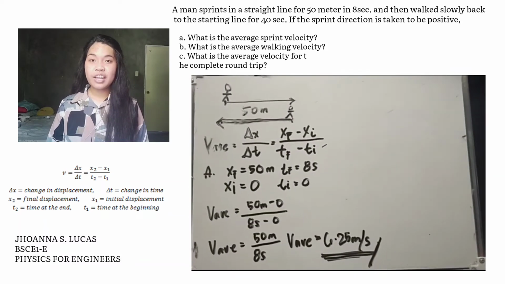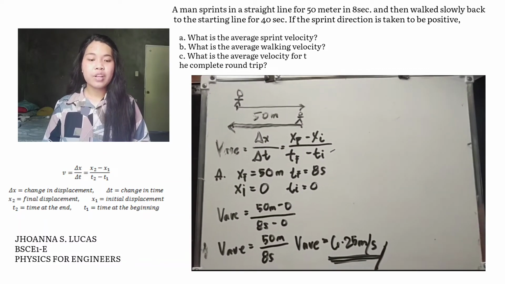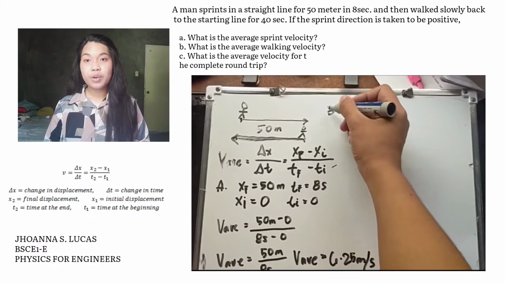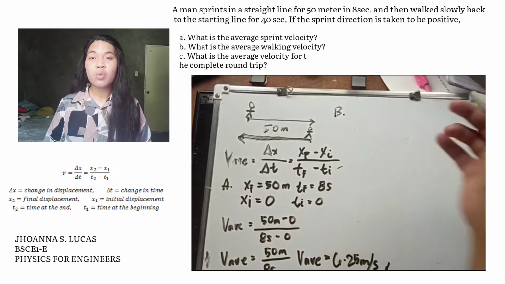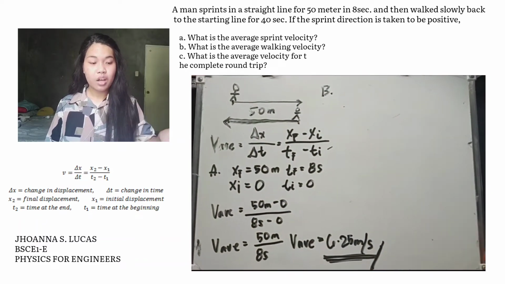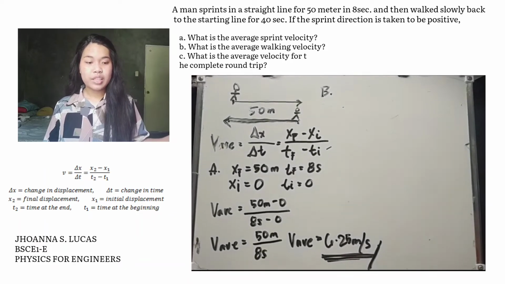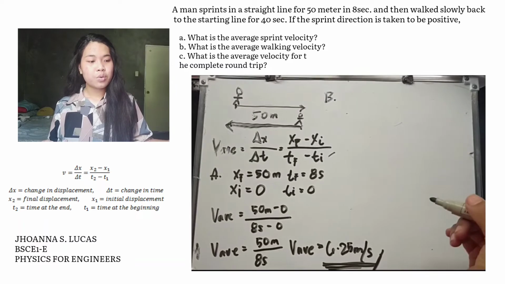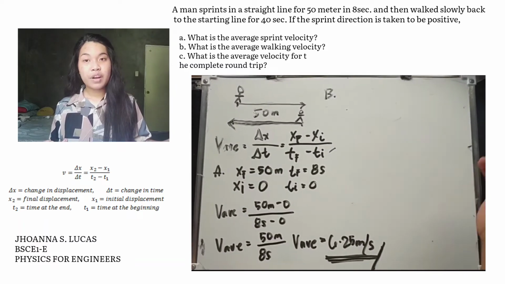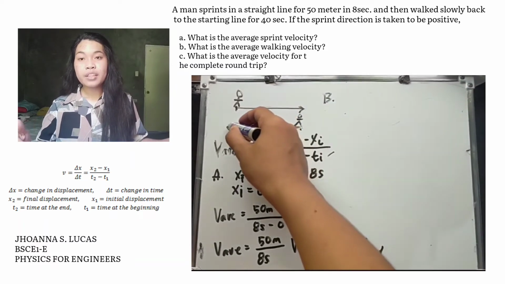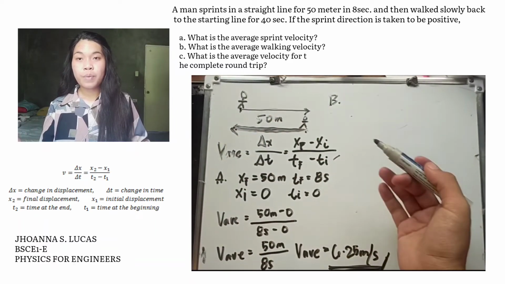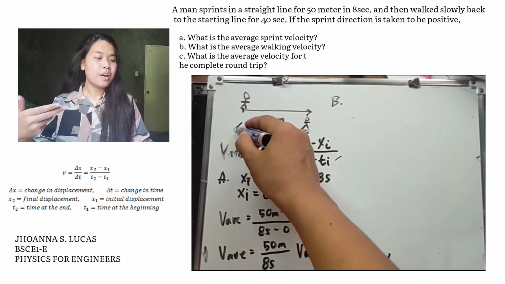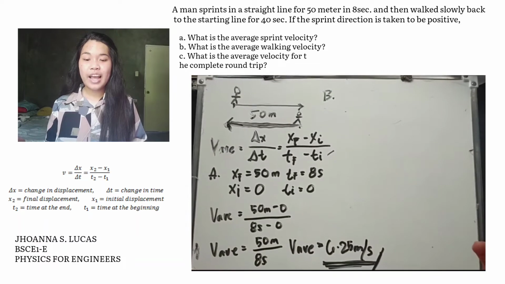We're done answering letter A. So we will answer now letter B, where the question is asking what is the average walking velocity. We will use the same equation as the first one, but with different given values, since our man walks slowly back to the starting line.